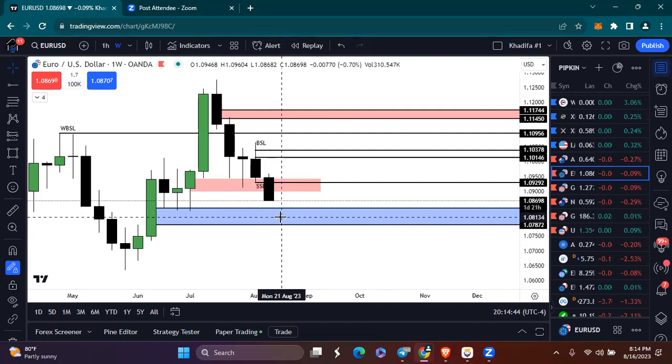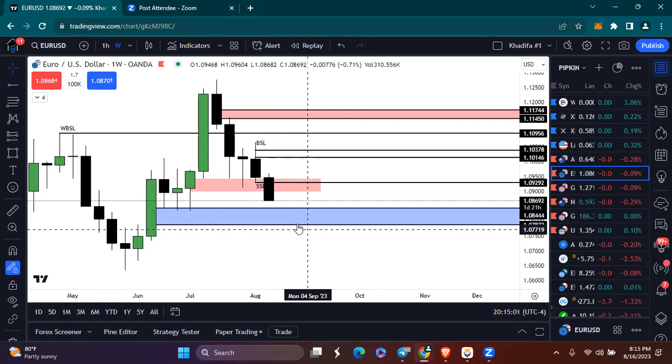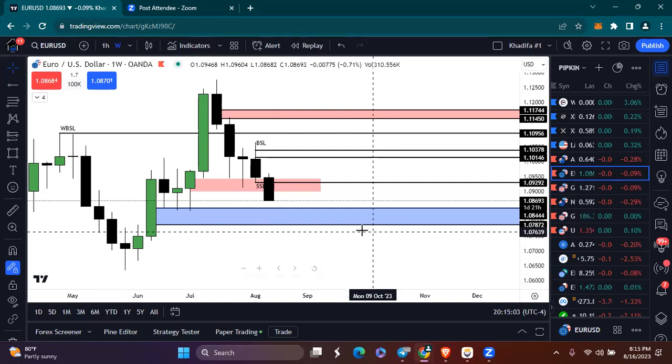And then if we break below that aggressively, then I expect us to pull back up and retest the consequent encroachment, but keep selling until we run that lower level of that weekly fair value gap.